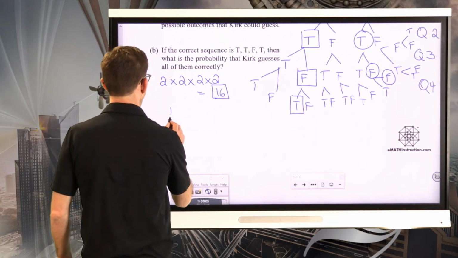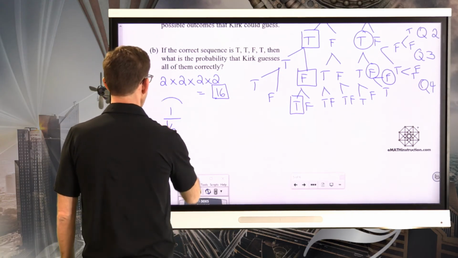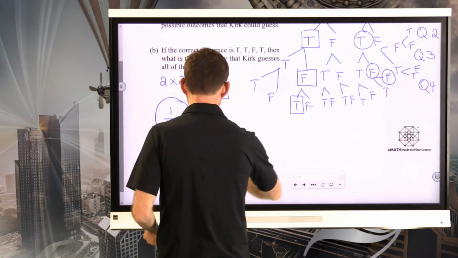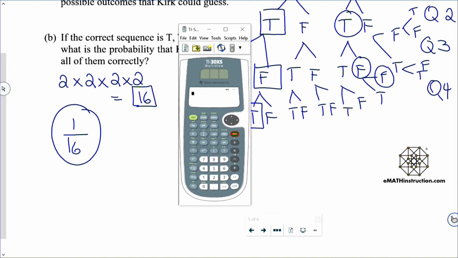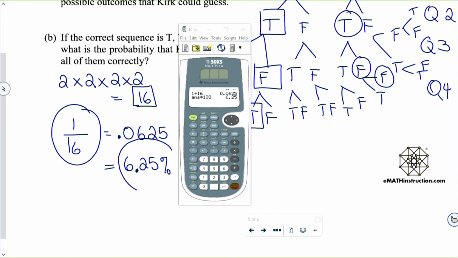The probability is 1/16 that I would guess all of these right, and if we do that as a decimal and a percent, 1 divided by 16 is 0.0625, multiply that by 100, and we've got 6.25%.